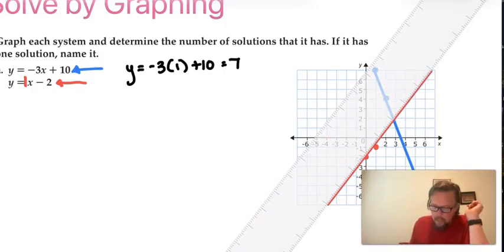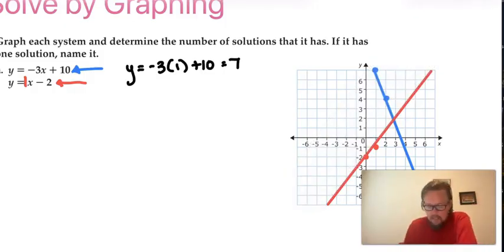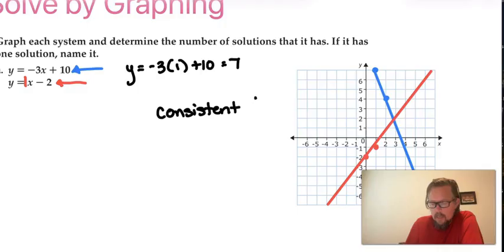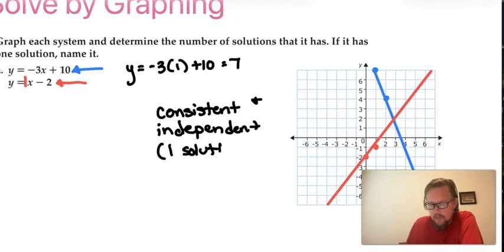Just like that. So this is an example of a system that is consistent and independent because there is one solution. And where is the one solution? Let's make sure I can write properly.